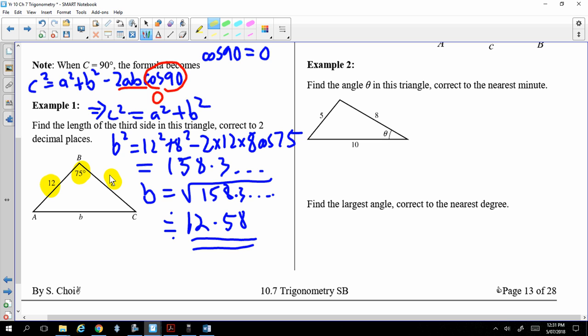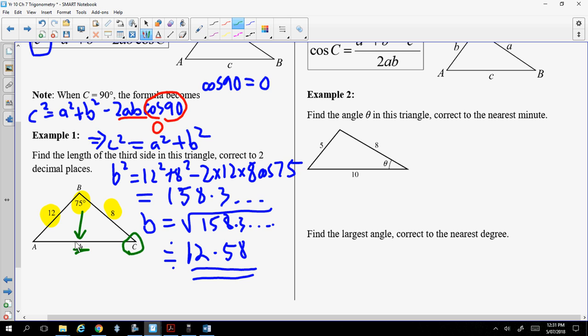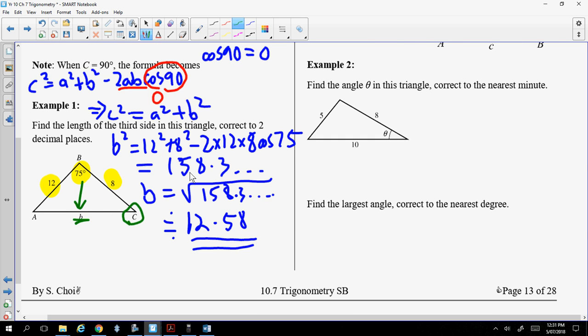And this side will be called C. I know we label that C there, but the formula will become complicated if you use that as a B. Because if you write it that way, so say you wrote, that's your C, you wrote 12 squared equals a squared plus b squared minus 2 times b times 8 cos, and you don't have this angle. Does that make sense? Yeah, so it's hard to use it.